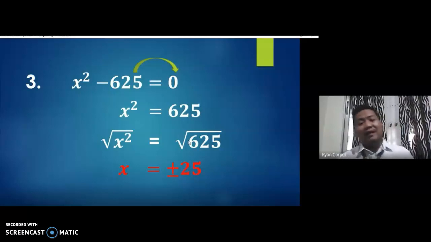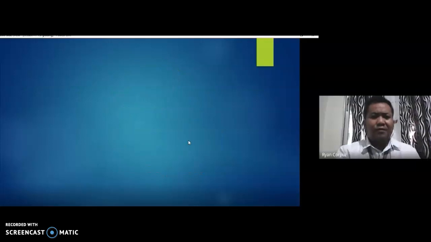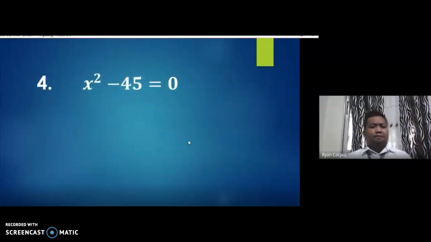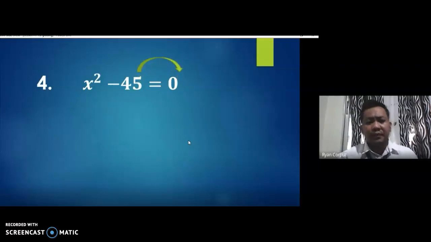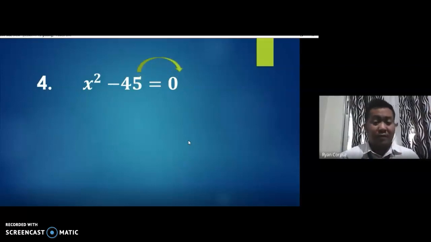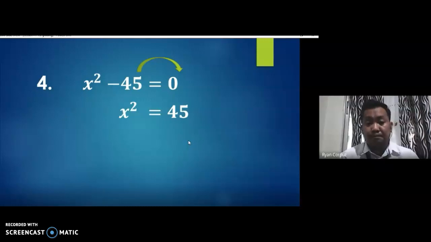So hopefully naintindihan na natin. But what if the case is like this? Look at example number 4. If we apply the first step, moving the constant term to the right side of the equation, we come up with x squared is equal to 45.